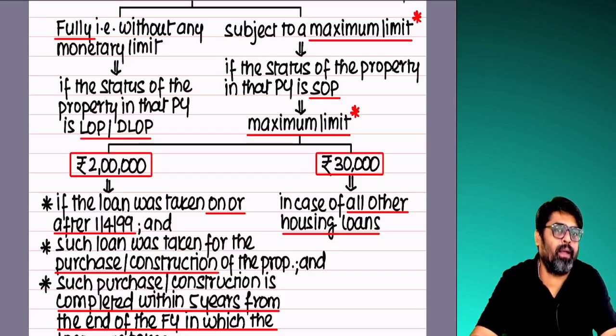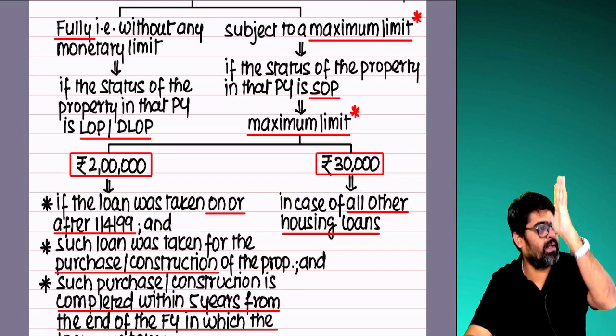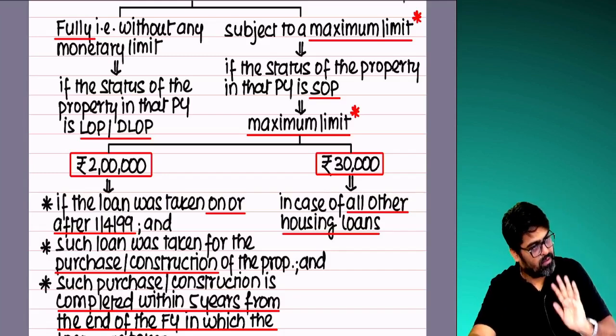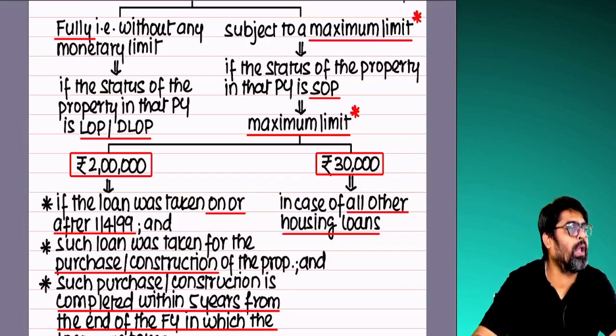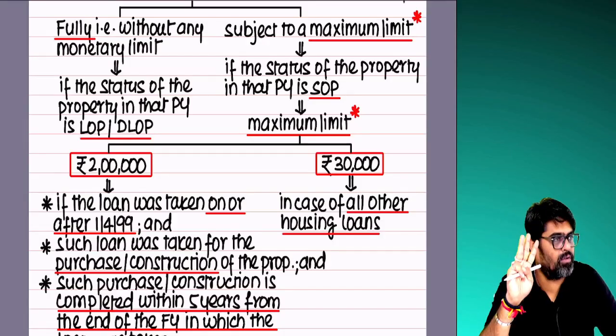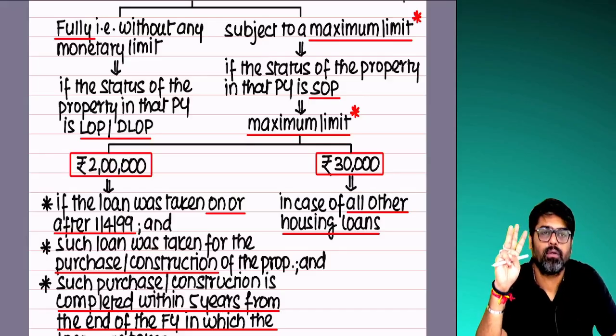Now calculate the interest on that housing loan which becomes due for this year. That entire interest will be allowed in this year, subject to a maximum limit of 2 lakhs or 30,000.